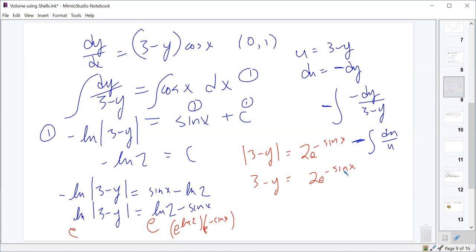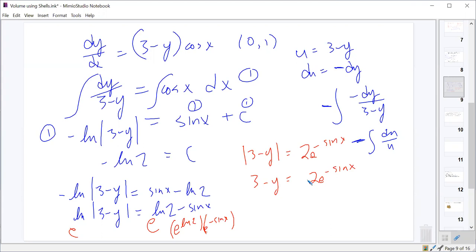If x is 0, that gives us e to the 0, which is 1, times 2 is 2. And so I need to get 3 minus 1 equals 2. If I had a negative out in front of there, then I get 3 minus 1 equals negative 2. That's not correct. 3 minus 1 equals positive 2. So you got to check with your initial condition when you clear out the absolute value to see if you need to put the positive or the negative version of what you got.